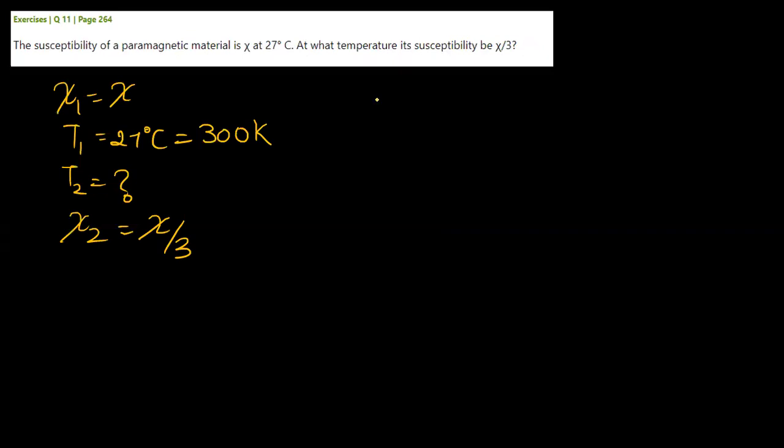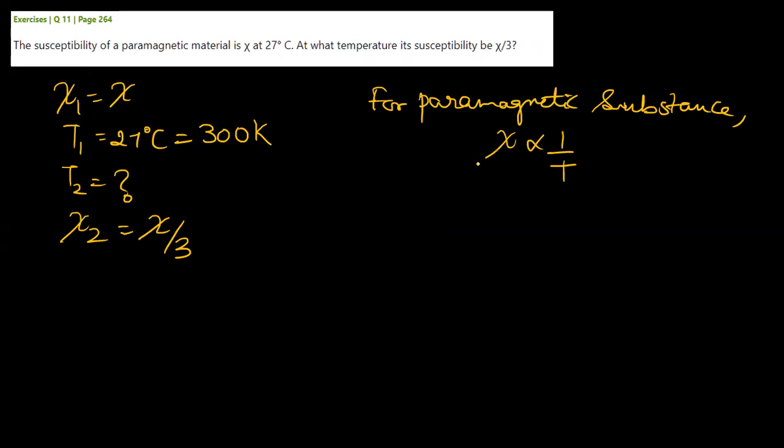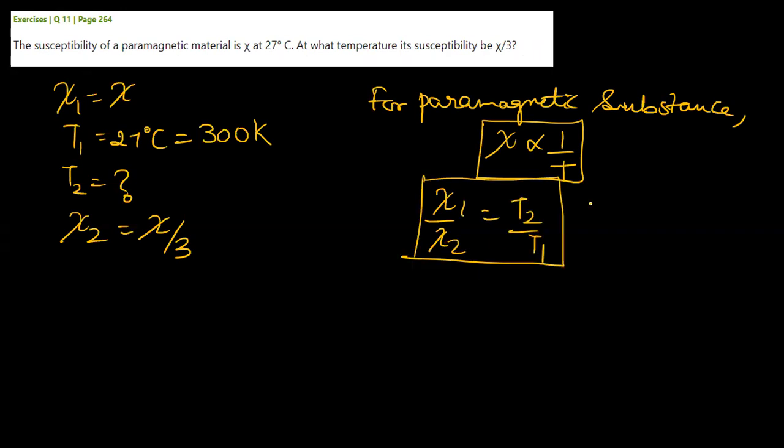So we know that for paramagnetic substance, chi is inversely proportional to temperature. So I can use chi1 upon chi2 equal to T2 upon T1. This will be my formula. So I have been given the three values. Rearrange. So T2 will be equal to chi1 into T1 upon chi2.